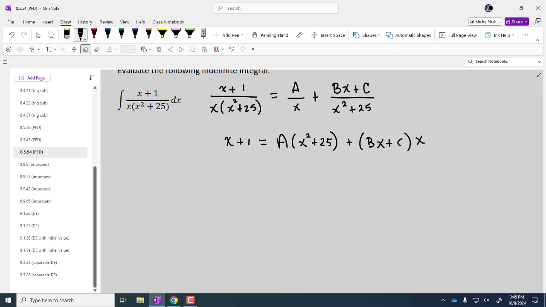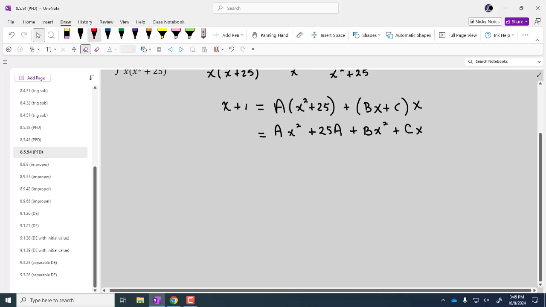We could use one convenient value and then rewrite it. Do traditional, it's easy. Okay, let's go with the traditional method. So it's going to be ax squared plus 25a. So we're just going to expand everything here. We've got that. Now we're ready to build our system.